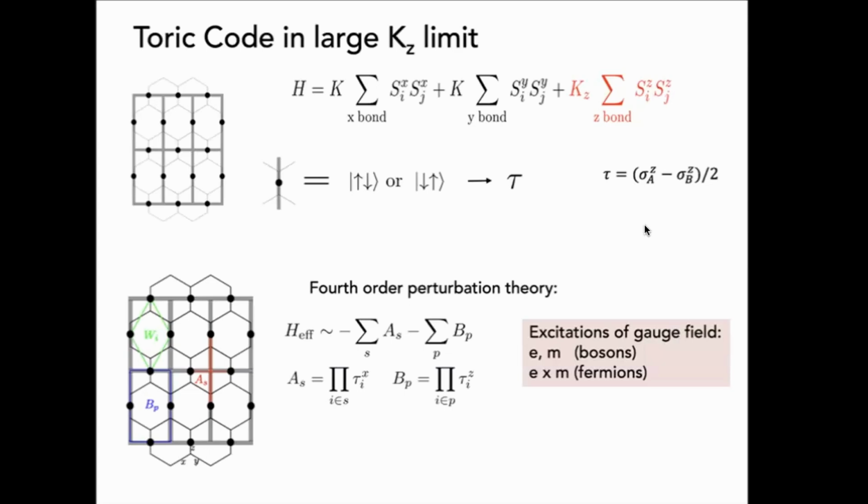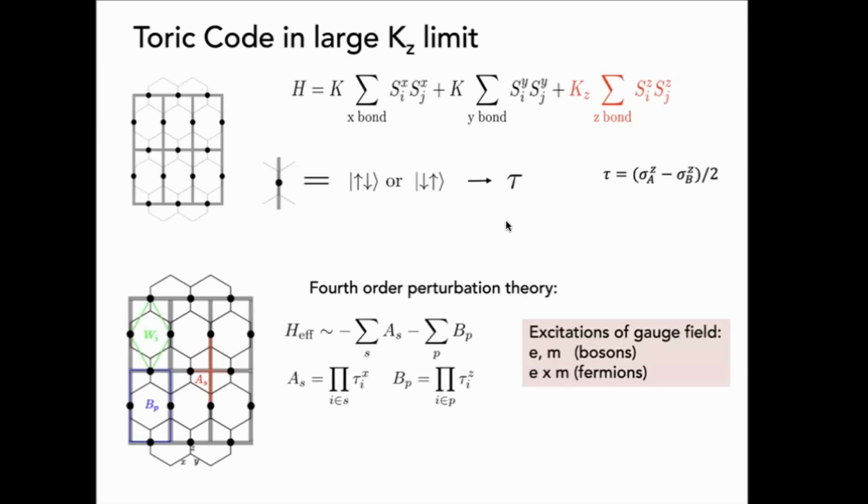So here, the way you get toric code very quickly is that you start with this honeycomb lattice, and if Kz is large, then you can look at this bond and define new qubits in the low energy sector. So here my K is antiferromagnetic. So I'm defining a new tau qubit, which is up down on this link plus or down up. And that is the tau qubits now.